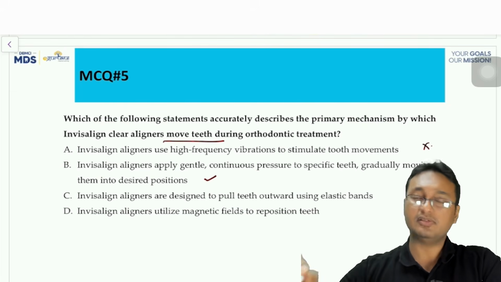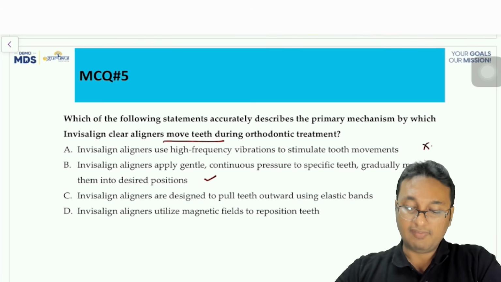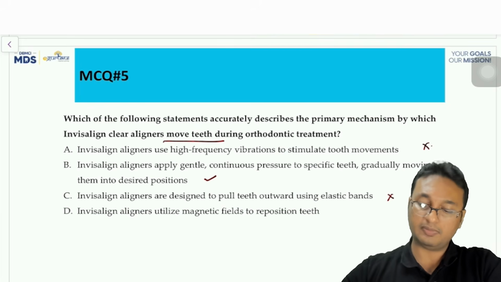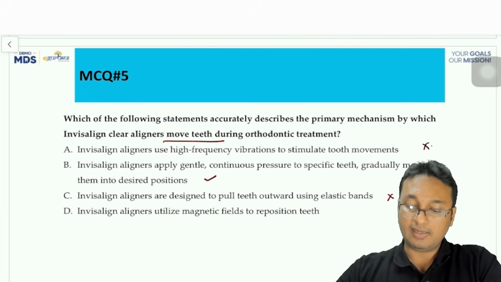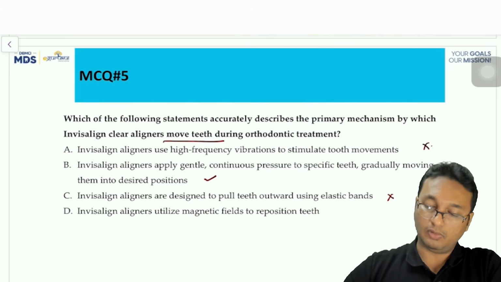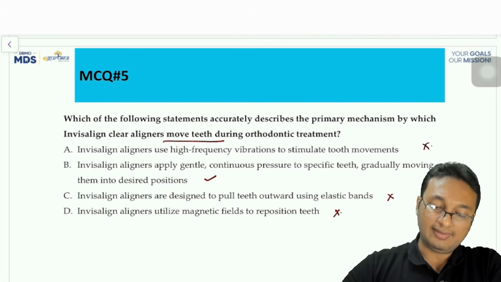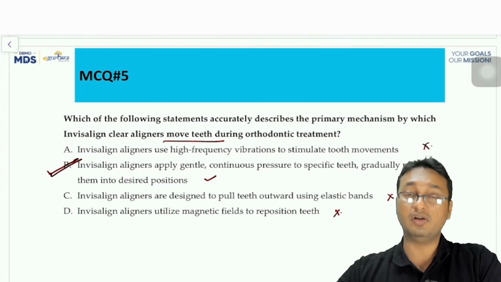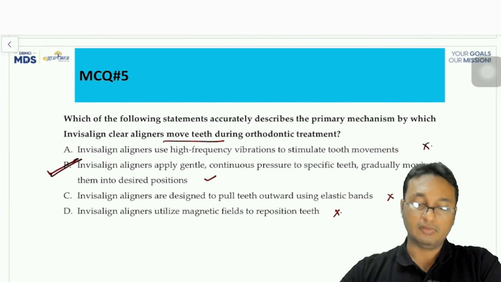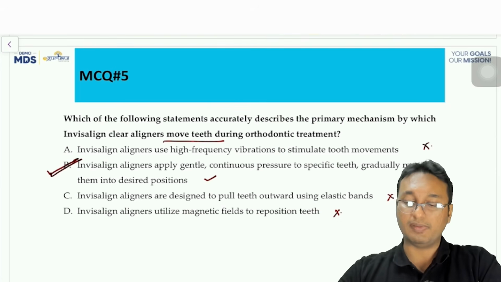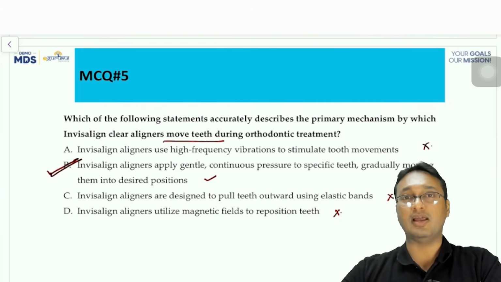Yes, we can consider this option. Invisalign aligners are designed to pull teeth outward using elastic bands. Again, not a feasible option. And Invisalign aligners utilize magnetic fields to reposition the teeth. No, it doesn't. So that is the main principle behind how Invisalign aligners actually work within the mouth. These aligners apply gentle and continuous pressure to specific teeth, gradually moving them into the desired position.